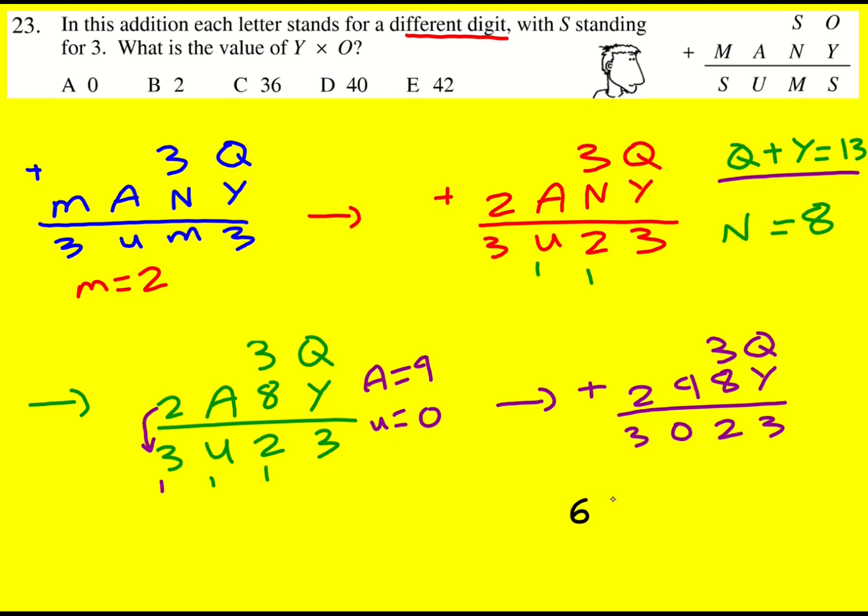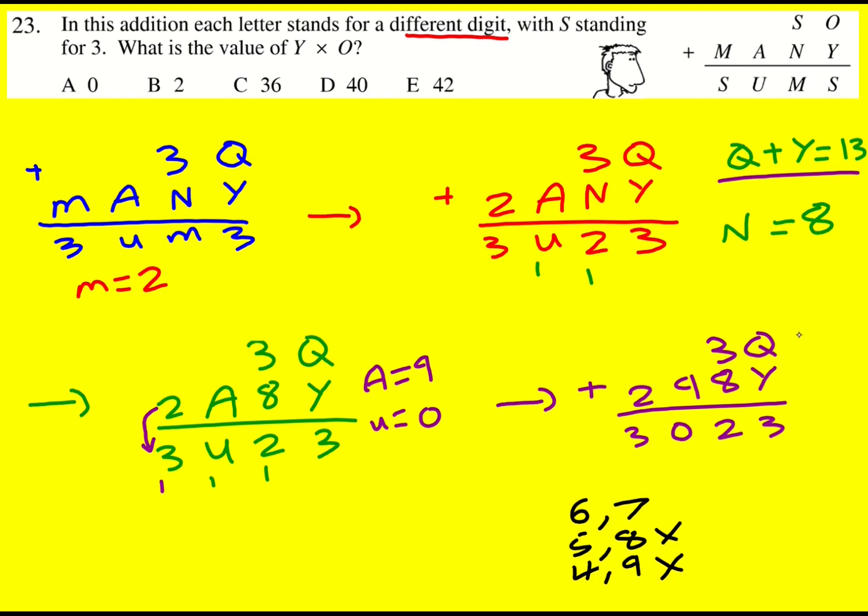So 6 and 7 bring to mind, or we could go with 5 and 8, or we could go with 4 and 9, but then it would be 3 and 10, which is not a digit. We've already used 8, so that one's out. We've already used 9, so that one's out. So it must be that Q and Y are 6 and 7 in some order.